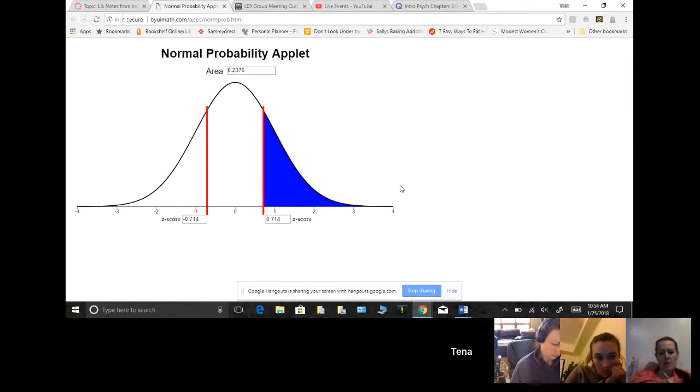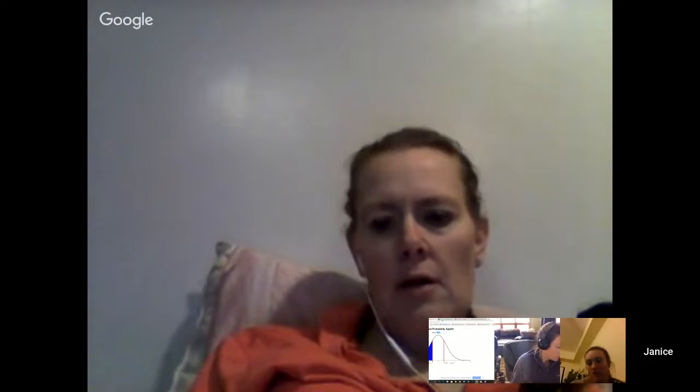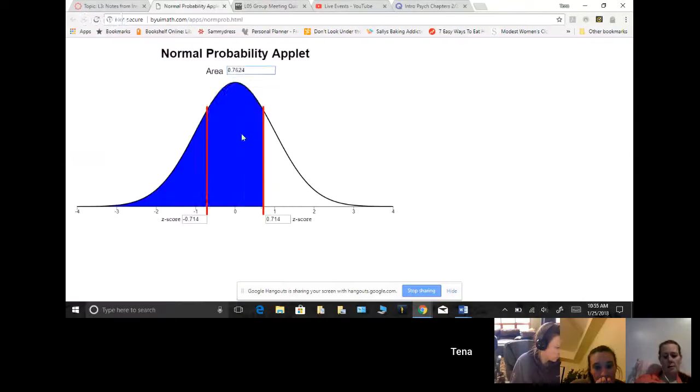Yes, 60 grams. So wouldn't that be just that first section of the applet, just the left side? So my question would be, if that's just the left side and you're asking what requires more, wouldn't that be the right? Yes. So for number 14, wouldn't it be the area of everything but the first part?